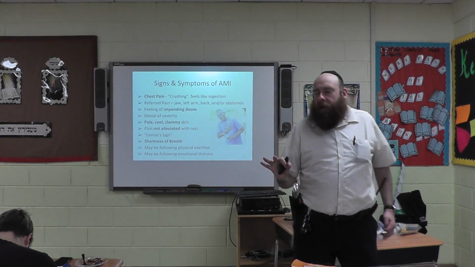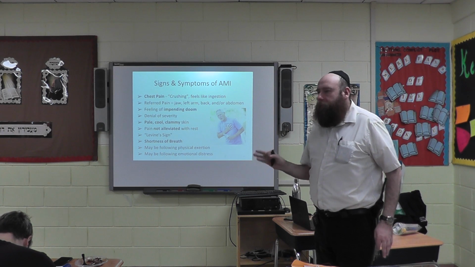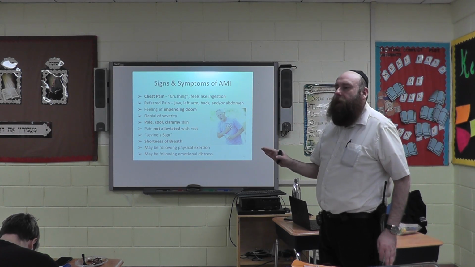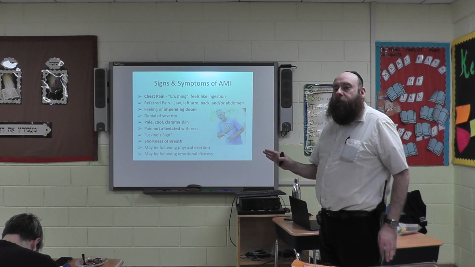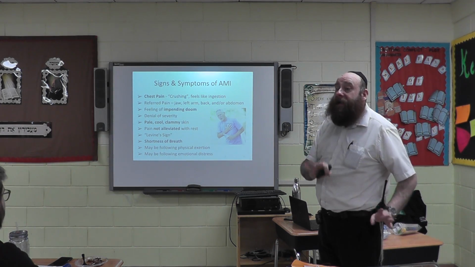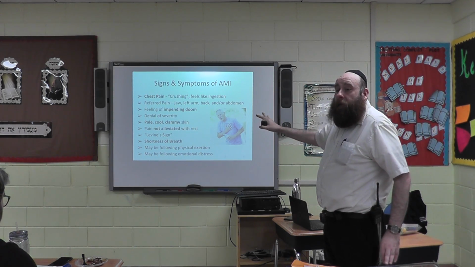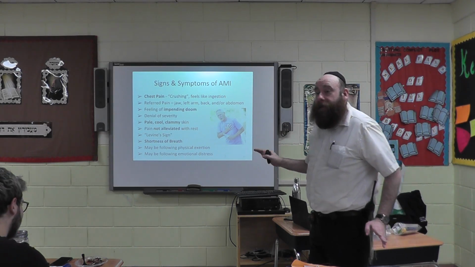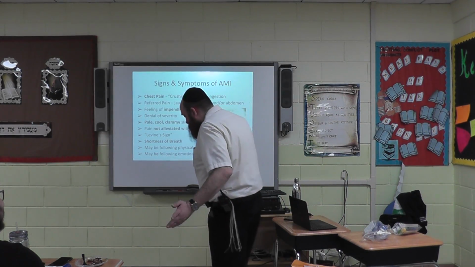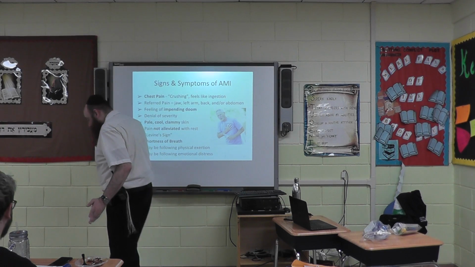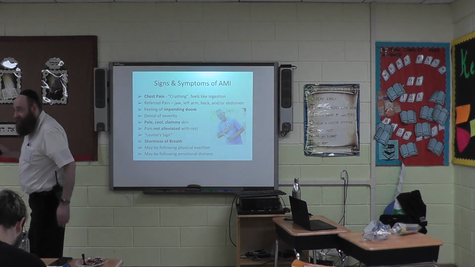Number 3 are the elderly, men or women, doesn't matter. These 3 groups may not show any signs or symptoms. That's like 80% of the people that have MIs. So if you have a female, 58 years old, who's a diabetic, she's screwed.